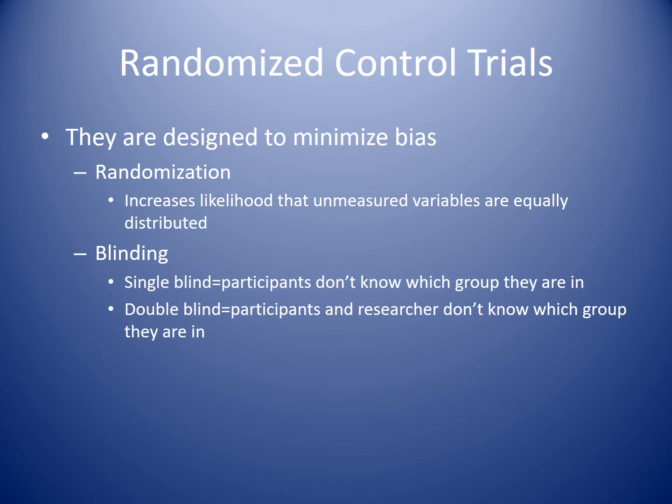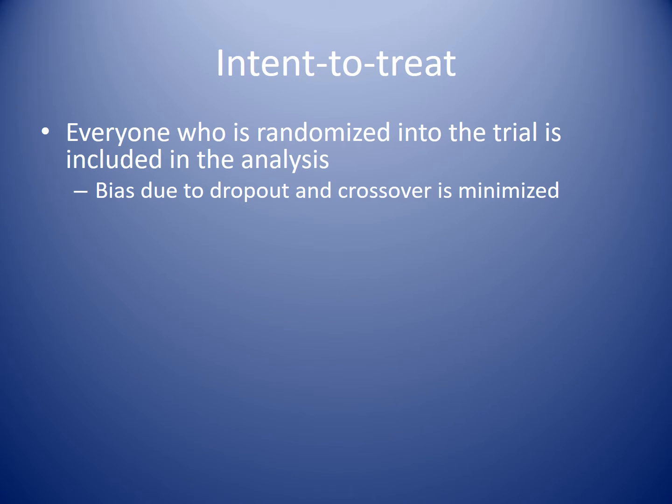Maybe if it was an exercise randomized control trial, if the researcher knows which group the participant is in, he or she might encourage more or do something that would help the participant perform better. Usually it's not intentional, but researchers can definitely bias studies, so double blinding is preferable.